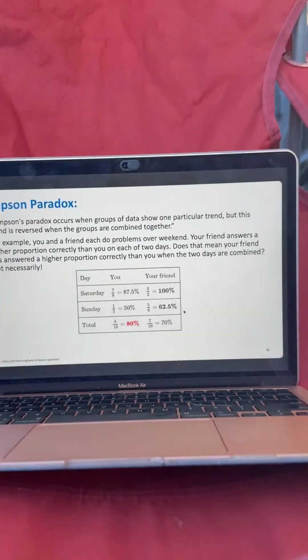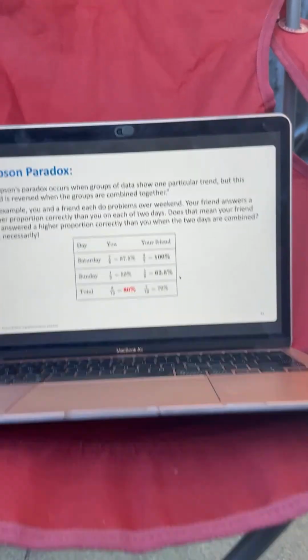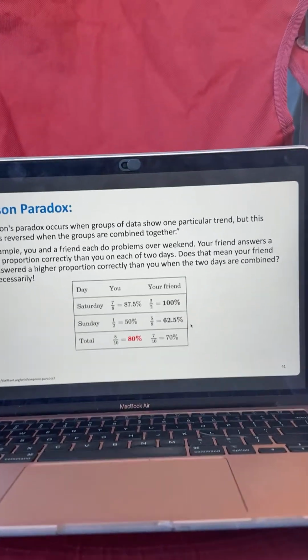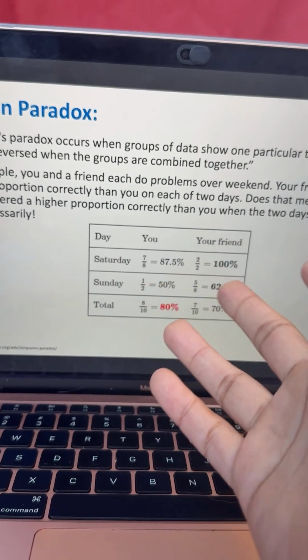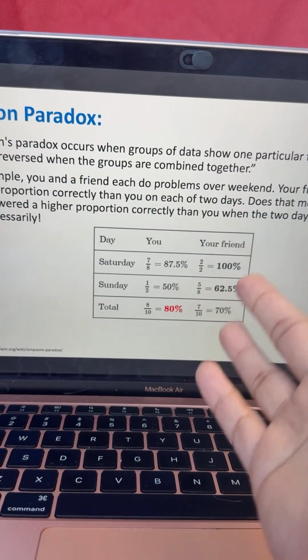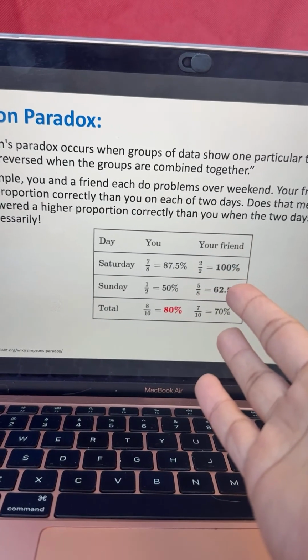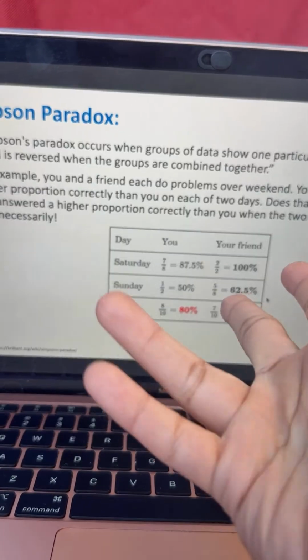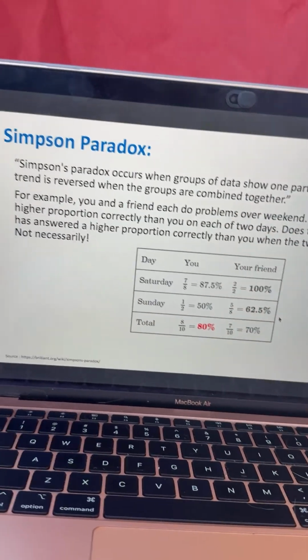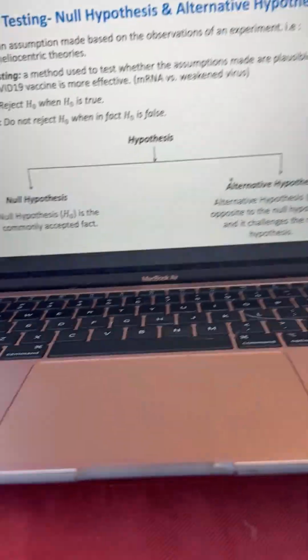Does that mean your friend has answered a higher proportion correctly than you when the 2 days are combined? Not necessarily, because look at this. They have a higher score on day 1, but you have a higher score in the end because they were graded differently. That makes sense?